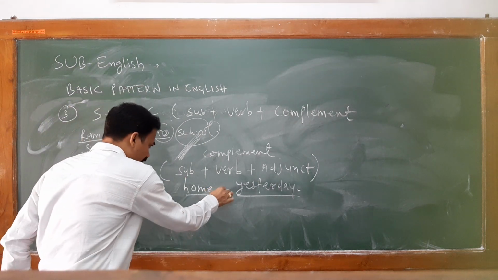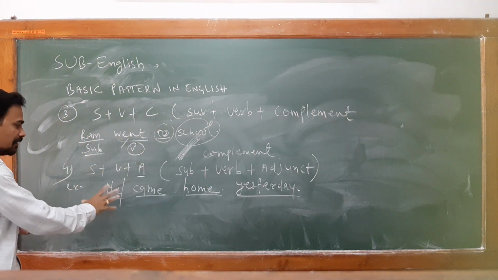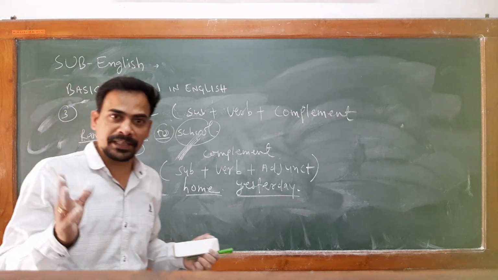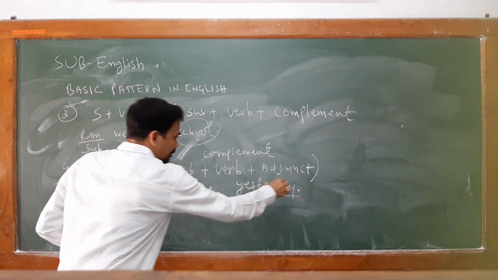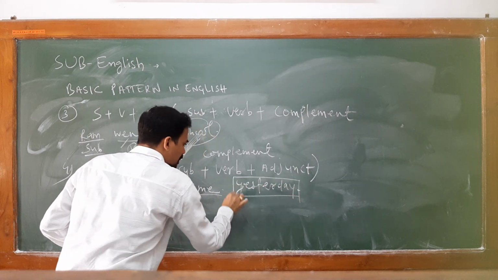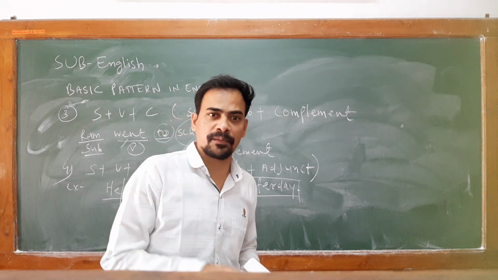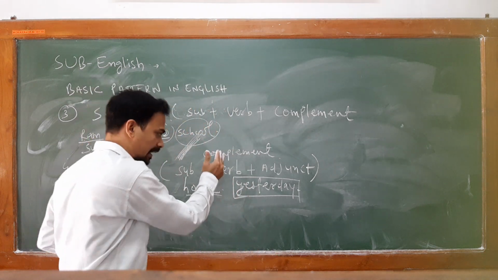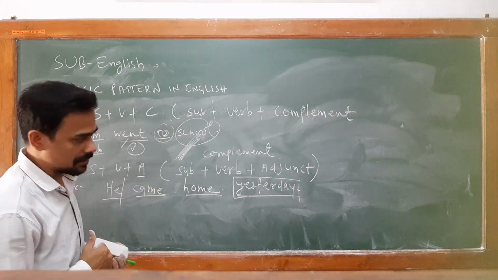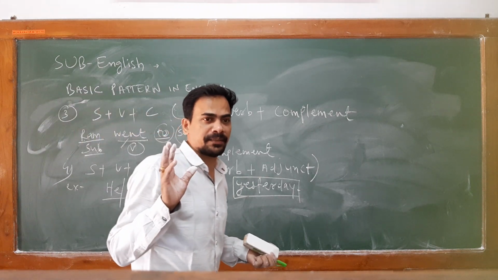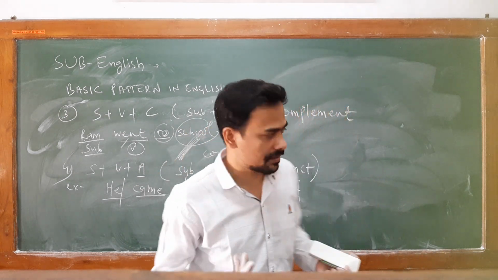Up to this, when a child is going to read it out, the child finds complete meaning. Now yesterday is just giving you some additional information. The word yesterday is an adverb of time which is providing additional information to the sentence. Extra information. So any word which can provide you extra information can be your adjunct.